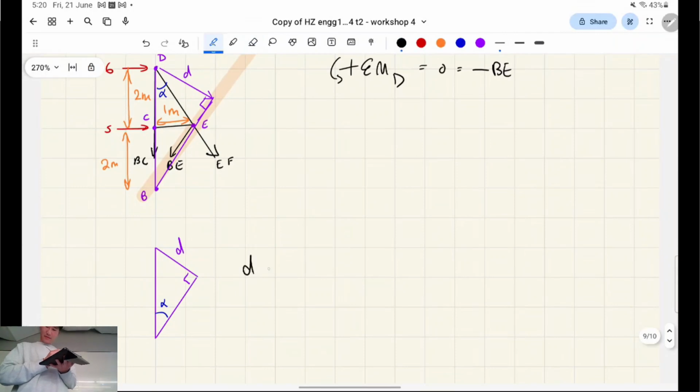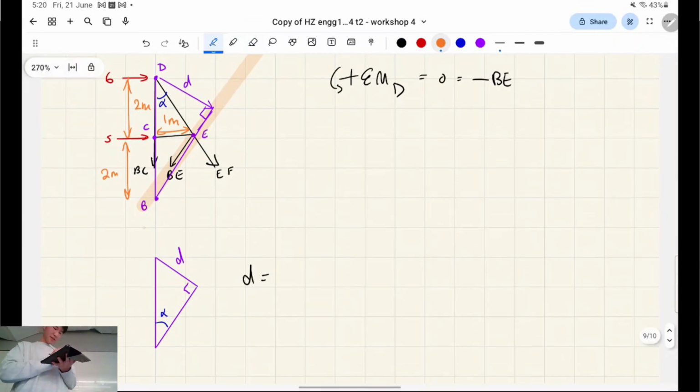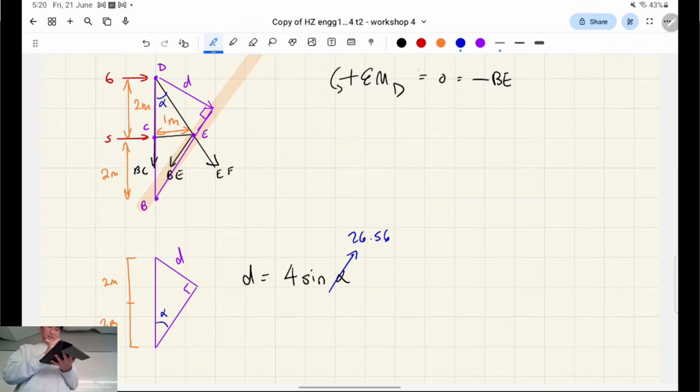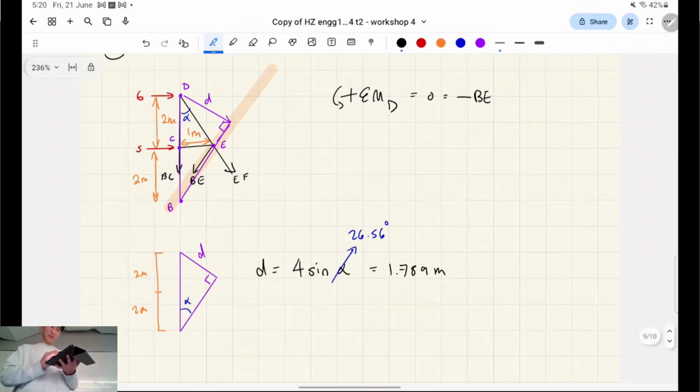And D is going to be, so here is 2 meters, 2 meters, right? D is going to be 4 meters times sine alpha, right? And again, that's 26.56 degrees. If we punch it in the calculator, that'll give us our lever arm that we care about.